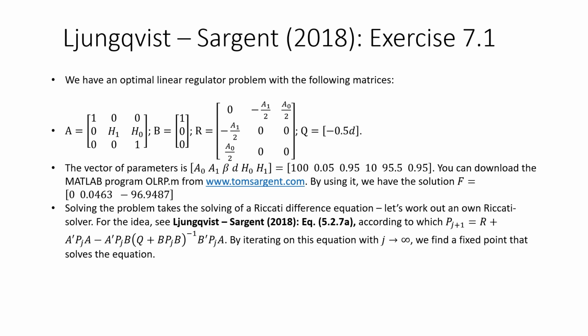We have this Riccati difference equation, and as j goes to infinity, there is a convergence. So we are going to find a fixed point, which is a matrix P that solves this Riccati difference equation. On the basis of this idea, hopefully we can set up an iterative algorithm that iterates on this equation, and eventually we will find a matrix P that solves it.